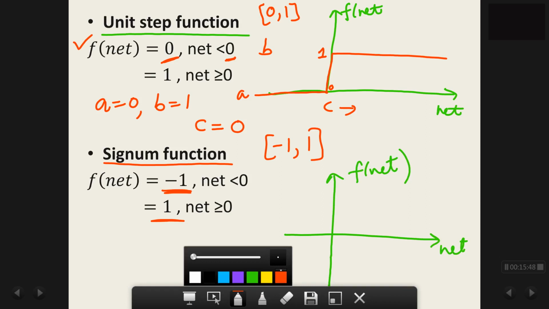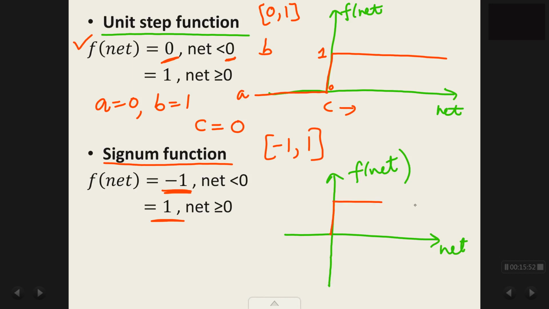When net is greater than or equal to 0, the value is 1, and when net is less than 0, the value is -1. So here A will be equal to -1, B will be equal to 1, but C is still equal to 0.